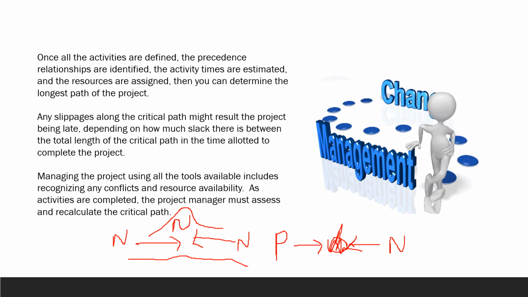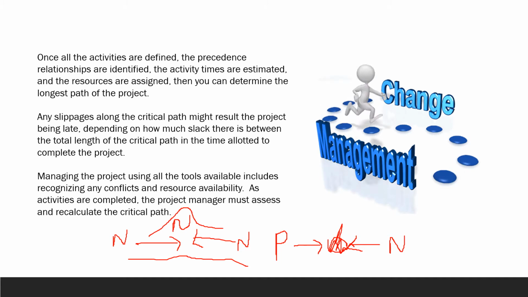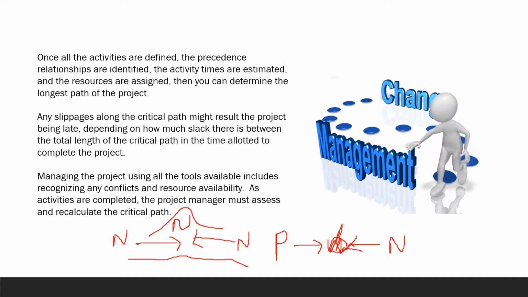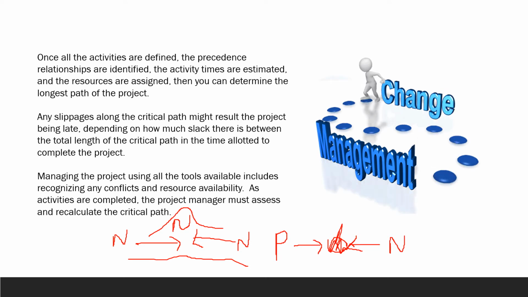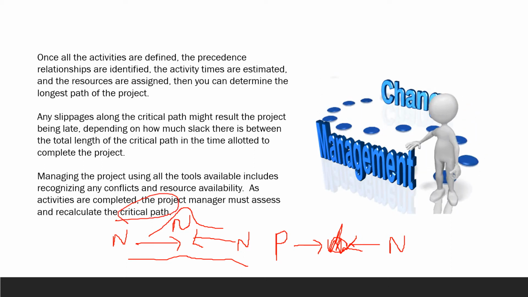Okay, so now let's go back here. Managing the project using all the tools available includes, one, recognizing any conflict. Resource availability. As activities are completed, the project manager, that's you, got to assess and recalculate the path, the process path.